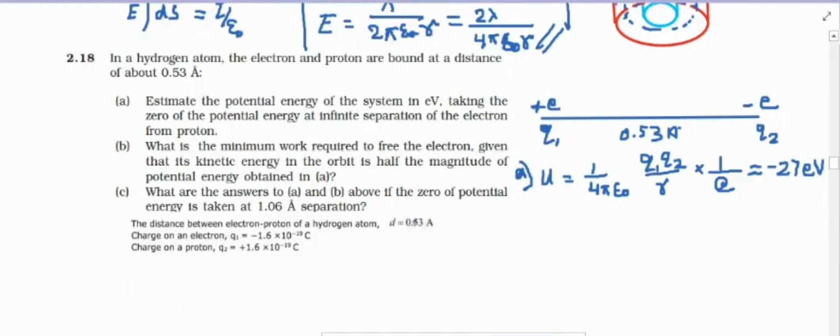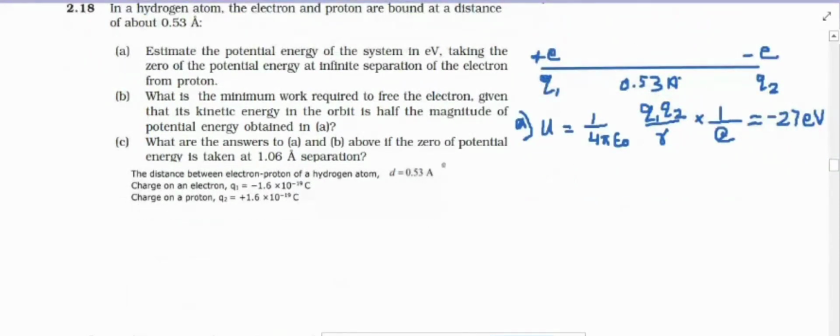Part B, what is the minimum work done to free the electron, given that its kinetic energy in the orbit is half of the magnitude of potential energy. Okay, so there is a bound system. For a bound system, we know the relations between kinetic energy, potential energy and total energy, and the minimum total energy must be zero for the electron to escape from the bound system.